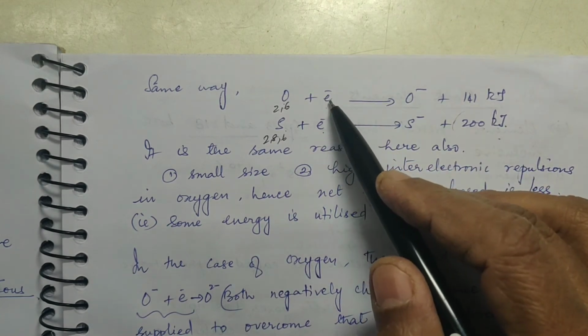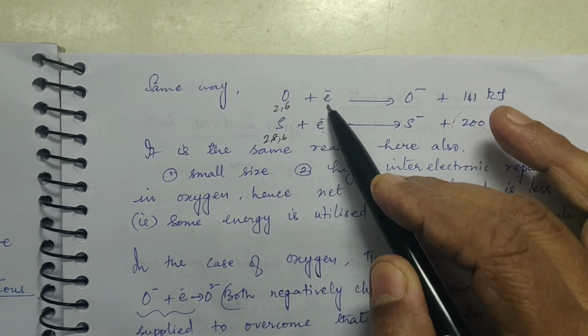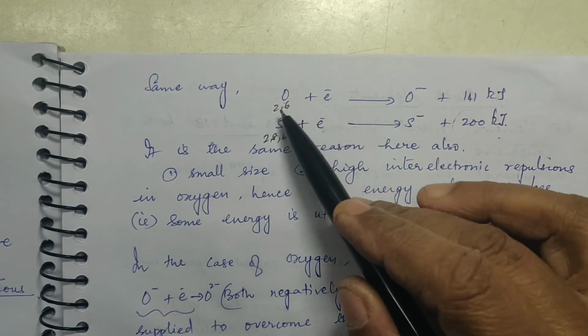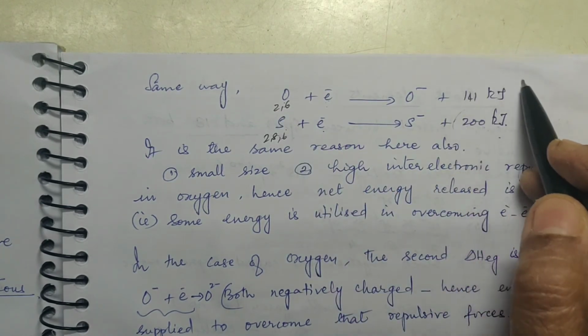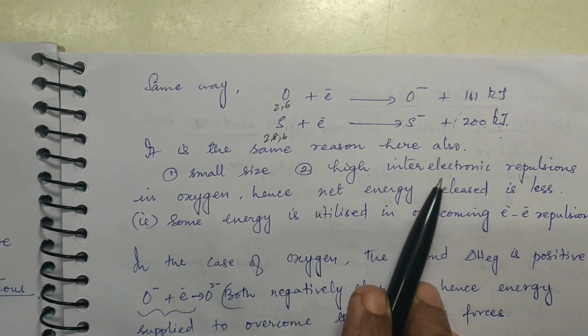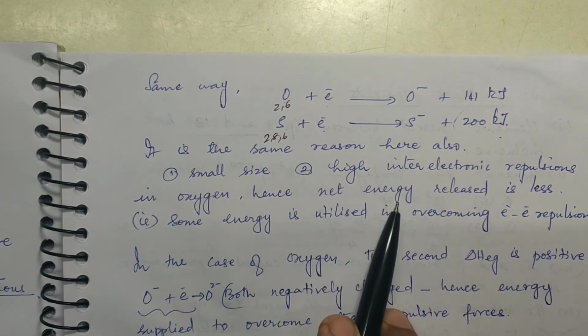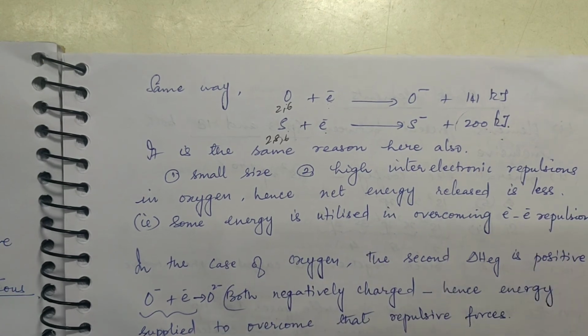But here, of course, the spontaneity is much greater, but some energy is utilized to overcome the repulsive forces between the incoming electron and the existing electrons. Hence, the net energy released is less. Okay, small size and high interelectronic repulsions. So the net energy released is less, or some energy is utilized in overcoming the electron-electron repulsions.